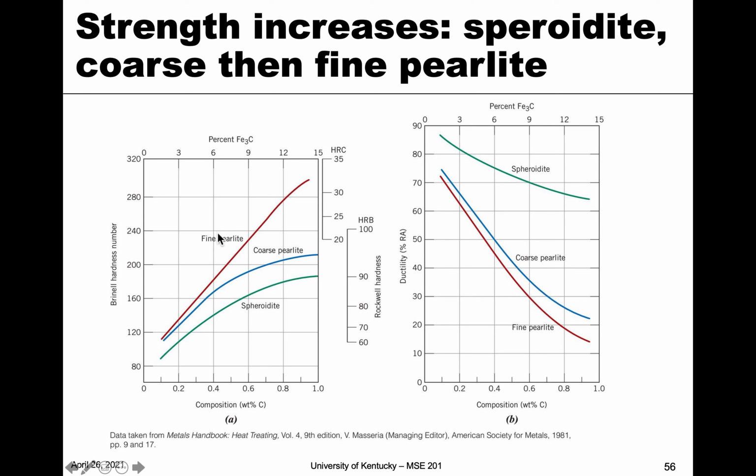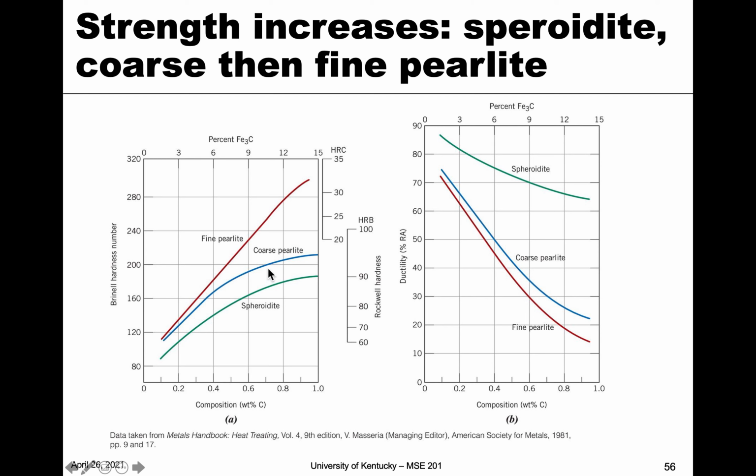So fine perlite has the most boundary between ferrite and cementite. And then if we have coarse perlite, the boundaries are thicker, so there's less of them per area, or sorry, per volume. And then spheroidite has those spherical particles, which reduces the surface area. So basically, this is telling us that the boundaries increase strength.